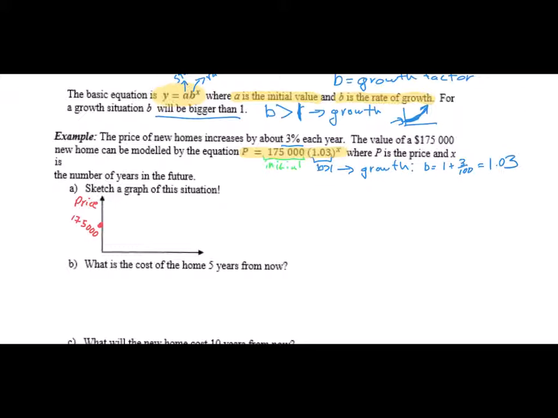Because it's P equals that, the P goes on the up and down axis, and along the x-axis we have time. When we graph this, we make it swoop up. So this is P equals 175,000 times 1.03 raised to the x.